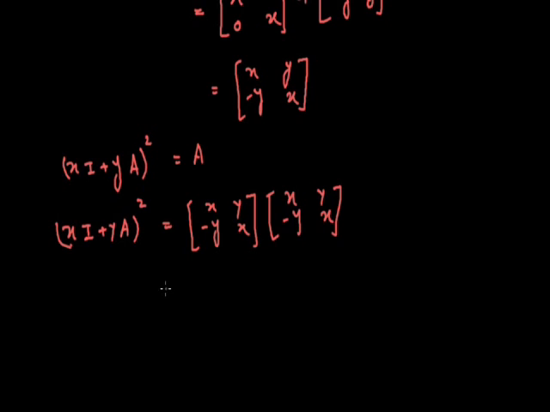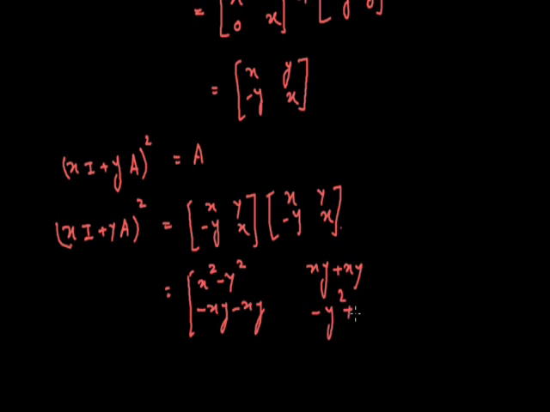Now if we multiply, we get x into x is x square, y into minus y is minus y square, x multiplied with y is xy, y multiplied with x is again xy, minus y multiplied with x is minus xy, x multiplied with minus y is again minus xy, minus y into y is minus y square, plus x square.